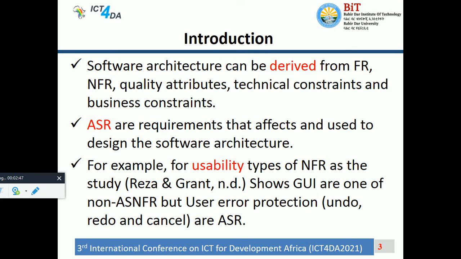For example, usability is one of the NFRs, or non-functional requirements. As the study by Rather and Grant shows, GUI, or graphical interface, is one of the architecturally non-significant non-functional requirements. But user error protection, like undo, redo, and cancel, are architecturally significant requirements.